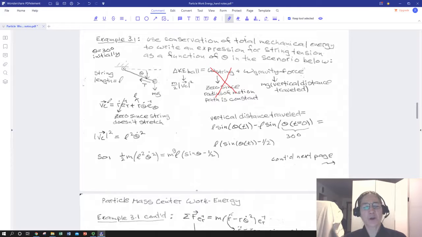So let's use our polar coordinate system again to express the velocity of the center of mass in terms of r and theta. We've got r dot in the r hat direction plus r theta dot in the theta direction. That's our standard expression for velocity in polar coordinates. We know that r doesn't change, so this term goes away.